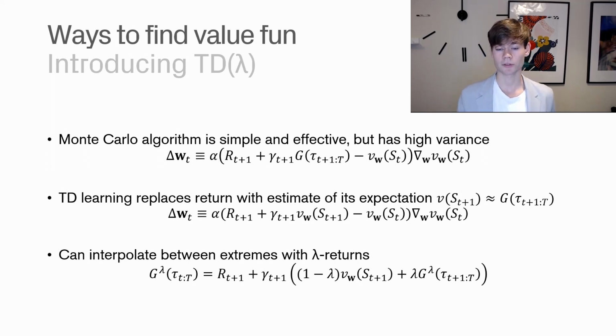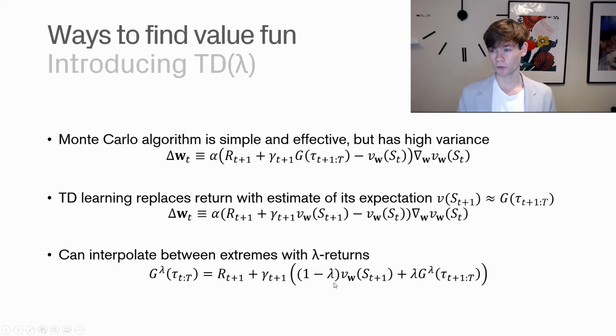As a trade-off between these two, we have something called TD lambda. In TD lambda, we get a way to interpolate between these two edge cases. This is the edge case where you use all of the full returns going forward in the episode that you could, and this is the case where you're not using any of them.